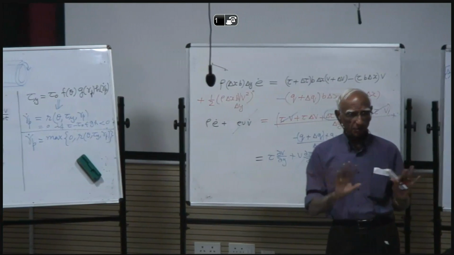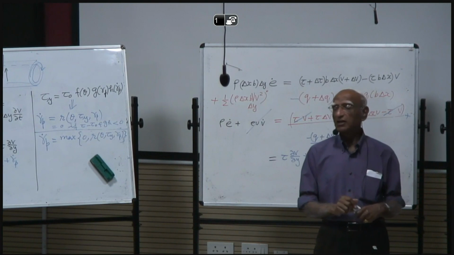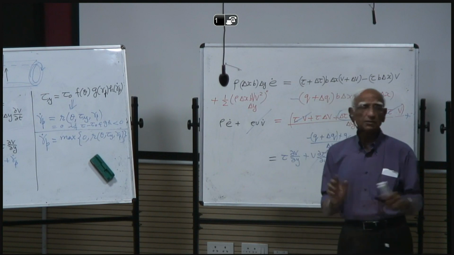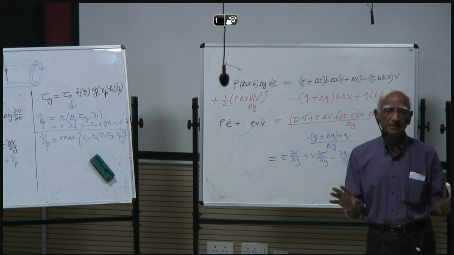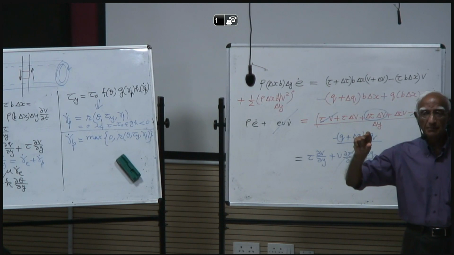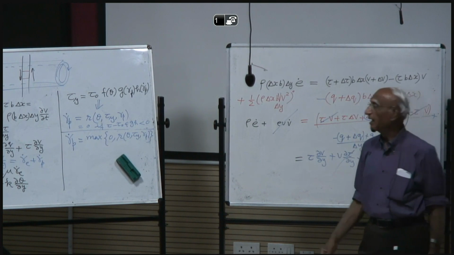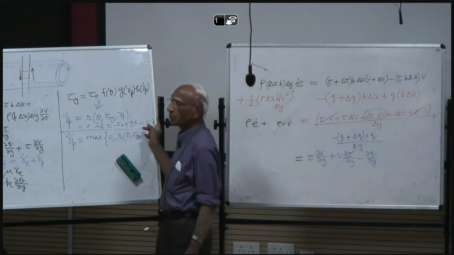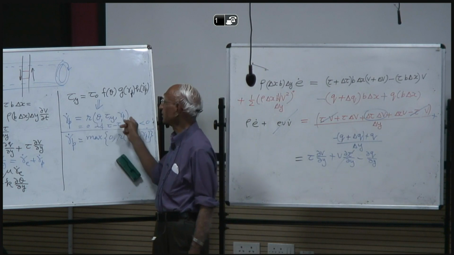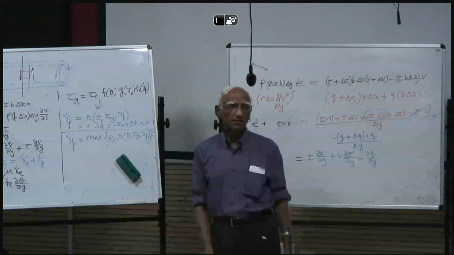That means there is no plastic strain rate. There is no plastic deformation in the next time increment. And if this equals 0 or is greater than 0, then you solve this equation to find gamma p dot.